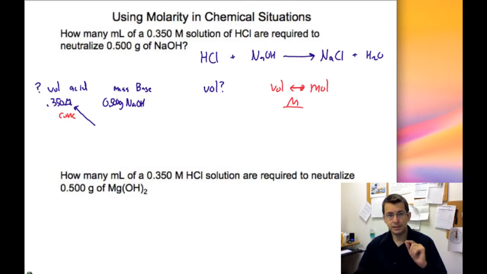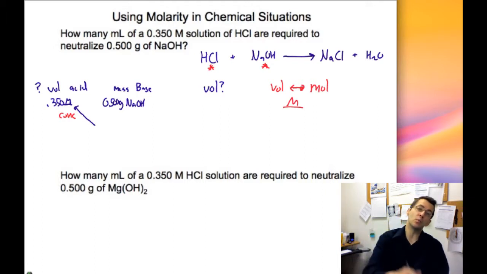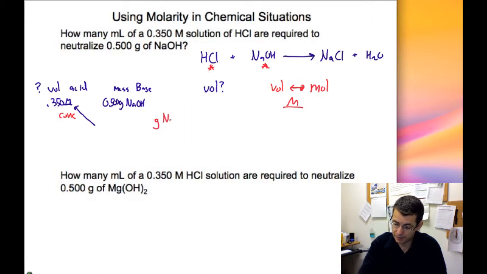So what we have to do is relate the moles of base to the moles of acid, because once we know how much base we need, that tells us how much acid we need. Every 1 mole of sodium hydroxide requires 1 mole of HCl. After that, we have a simple procedure. Grams of sodium hydroxide, which we would convert into moles of sodium hydroxide.